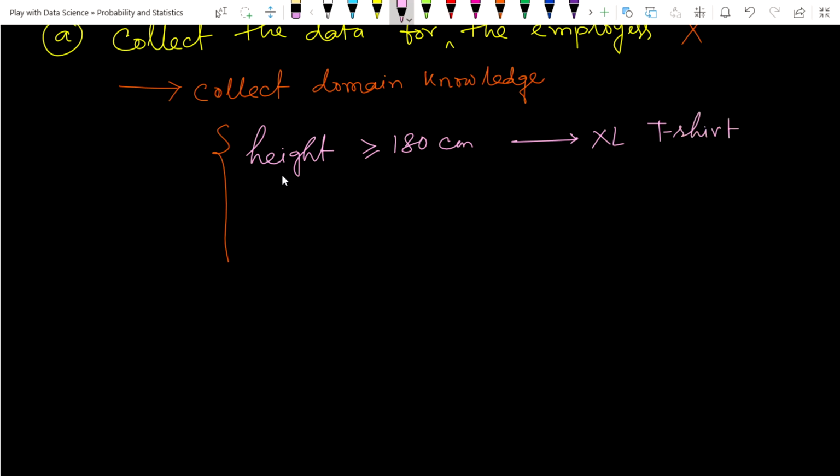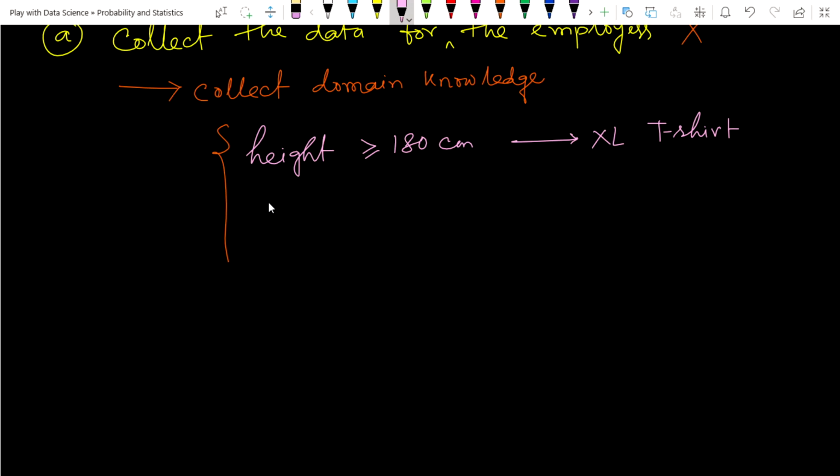Human psychologists give us this data. If the height of some people is greater than 190 centimeters, then in general they wear XL t-shirts. But there are some exceptions, and I am not considering the exceptional cases here, just the general case.